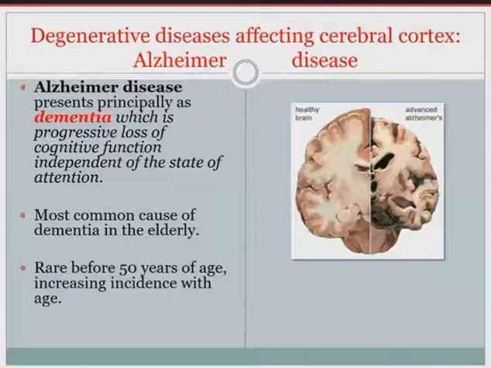In the figure, we can see a healthy brain, and on the other side, the brain in Alzheimer's disease. In Alzheimer's disease, we have widened sulci. In simple terms, this is nothing but the forgetting disease.